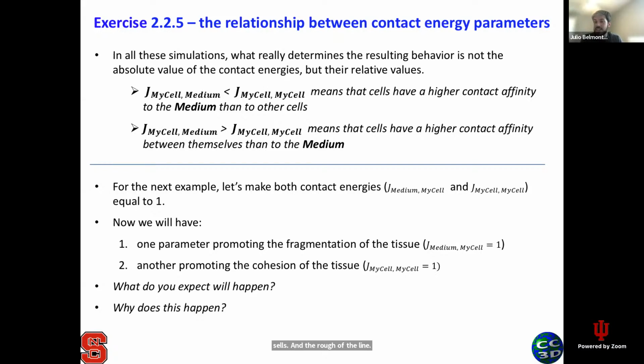Stephen, you only have one medium cell, okay? So the energy between medium is never taken into account in your calculations. The contact energy can only calculate energies between different objects. The medium is a single object, so that energy there never plays a role on anything.